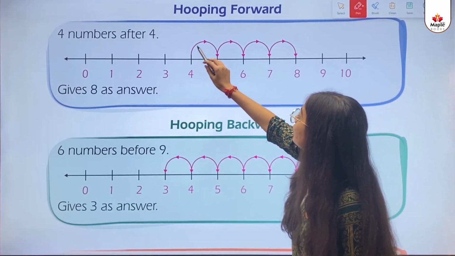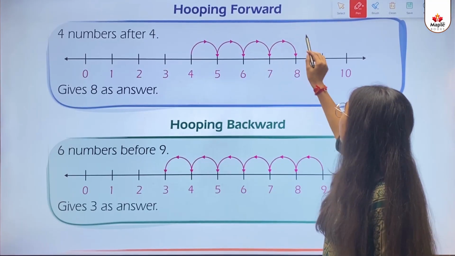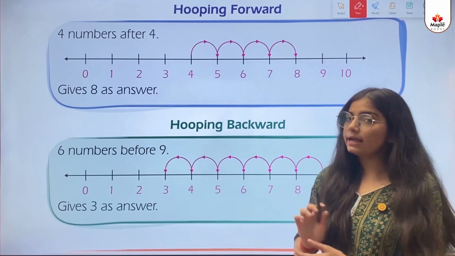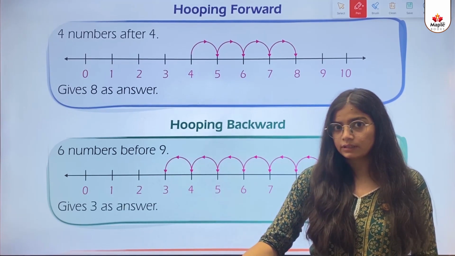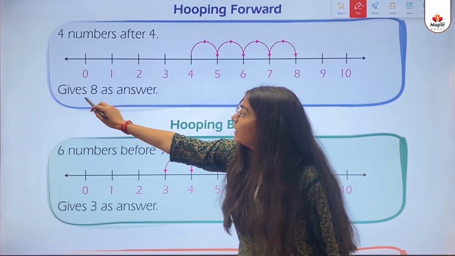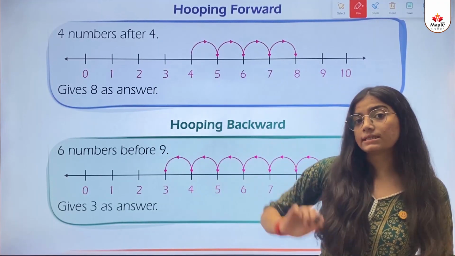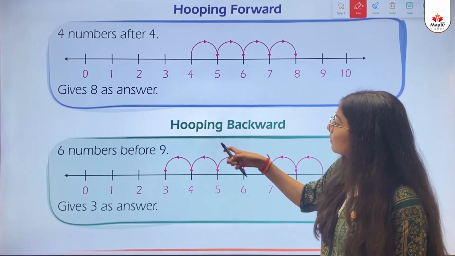So 4, 5, 6, 7, 8. So 8 is the number that comes 4 numbers after 4. So what does it give? It gives 8 as the answer. Is this clear?